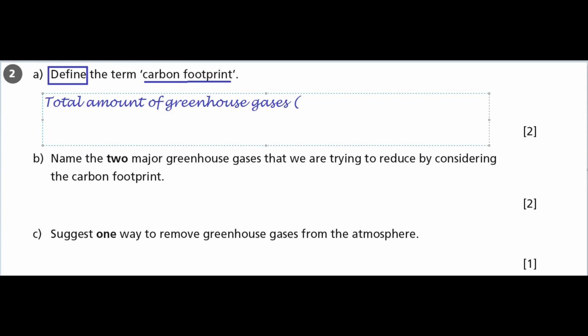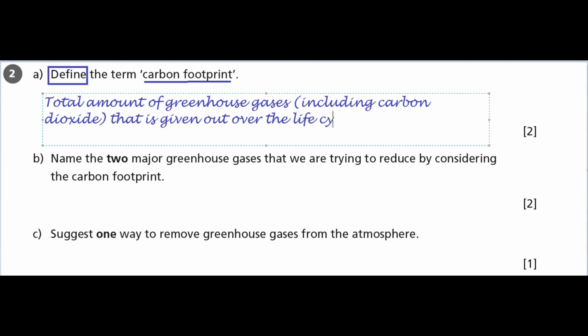Now I'll just put in brackets that's including carbon dioxide, because often people are very concerned about carbon dioxide, and of course it is called carbon footprint, that is given out over the life cycle of a product, service or event. So what are the marks for? It's a 2-mark question. So 1 mark is about looking at the total amount of greenhouse gases, and the 2nd mark over the entire life cycle of the product, service or event.